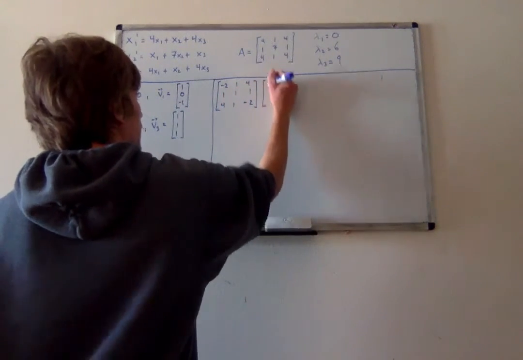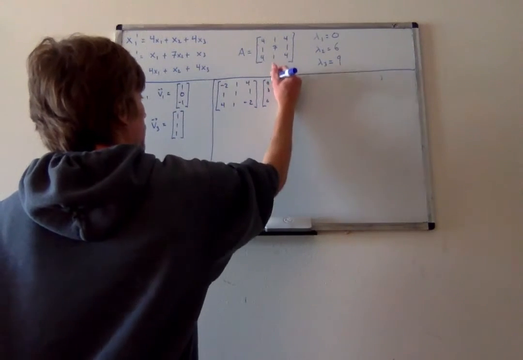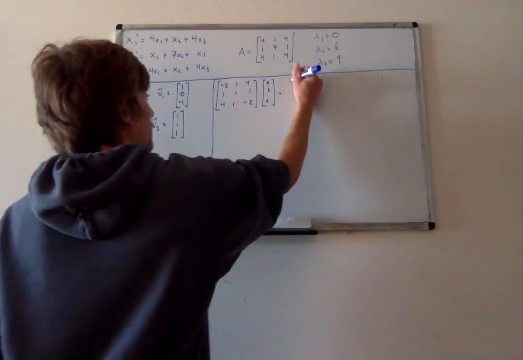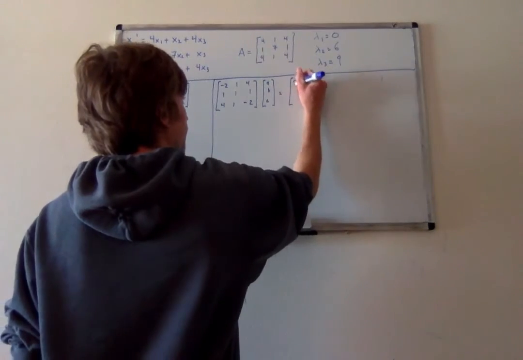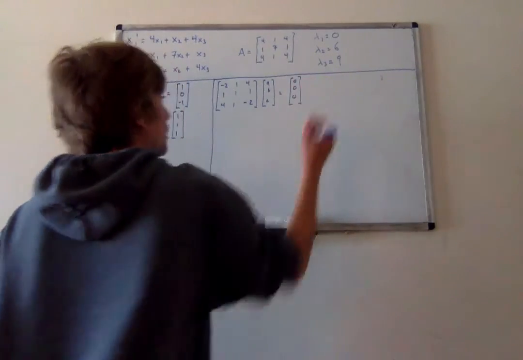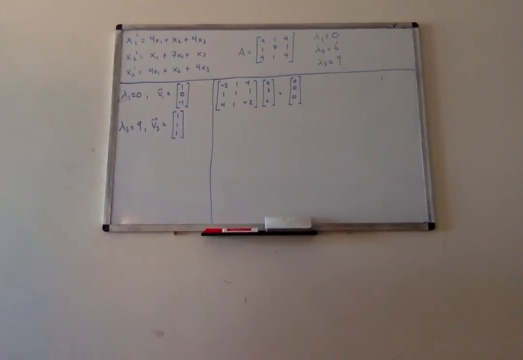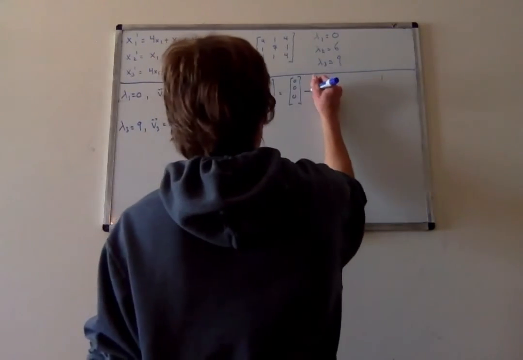And we'll say my eigenvector V will be represented by a, b, c. And this is equal to 0, 0, 0. So this is what the matrix equation looks like.